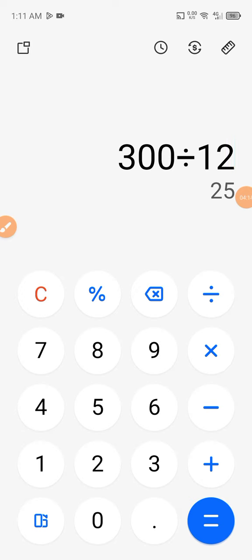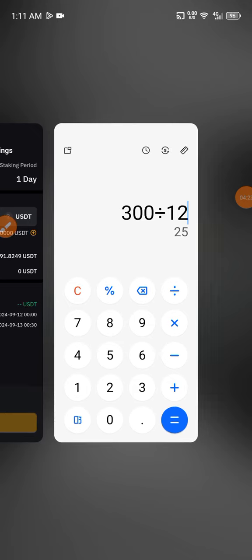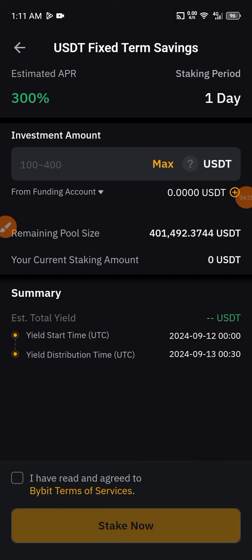It is also a reasonable profit as well. So I think this is one of the best offers you can get on Bybit. This type of offer is always rare, so quickly dive into it.